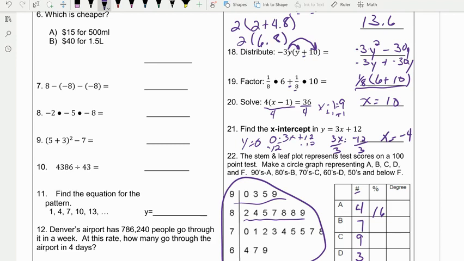Okay, so that gives us the percent, and then for this one, 7 divided by 25 for the B's, that is 28. 9 divided by 25, that is 36. 3 divided by 25 is 12, and 2 divided by 25 is 8.